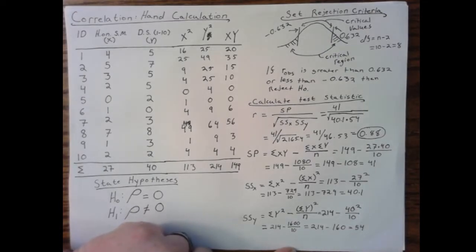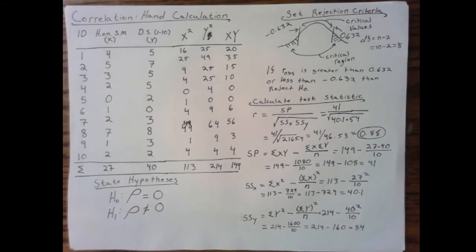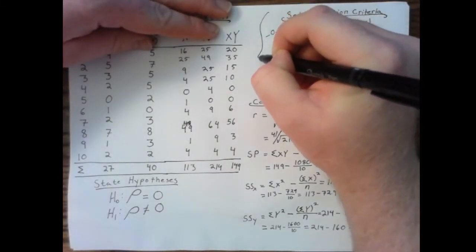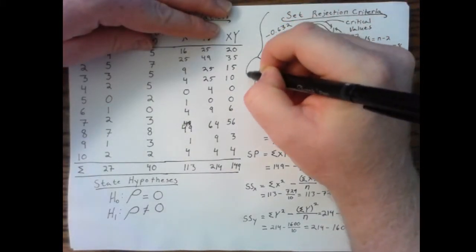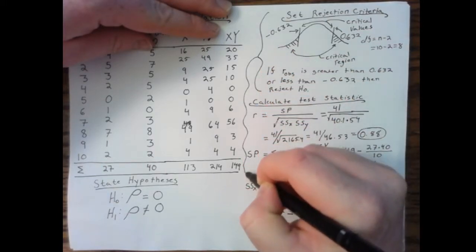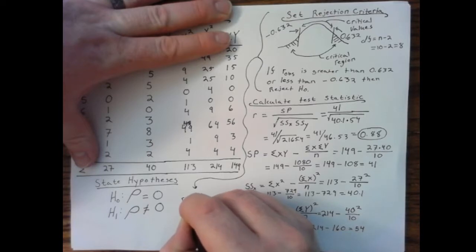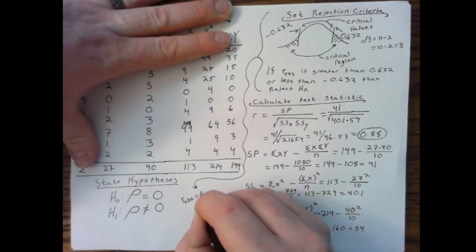The next step would then be to actually interpret it, and so we would come down here. Alright, so our R observed is equal to 0.88.